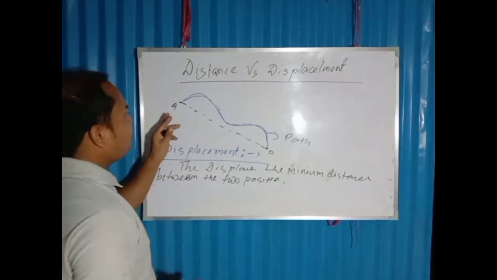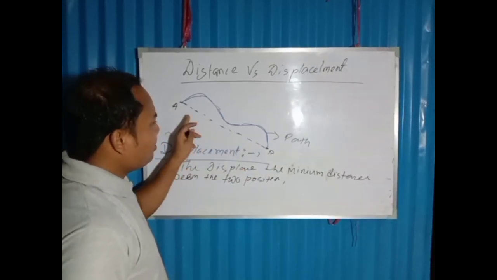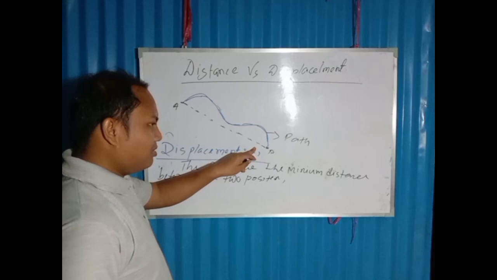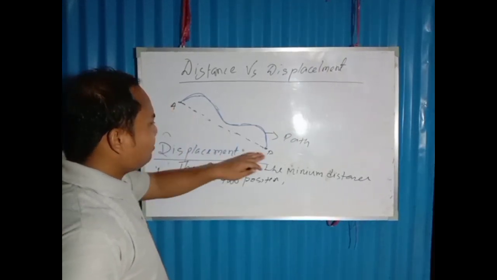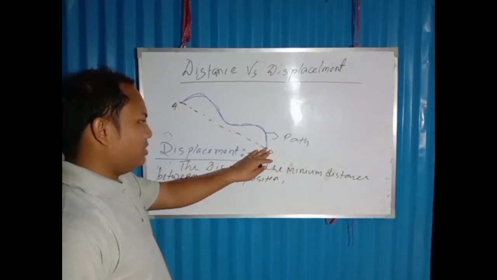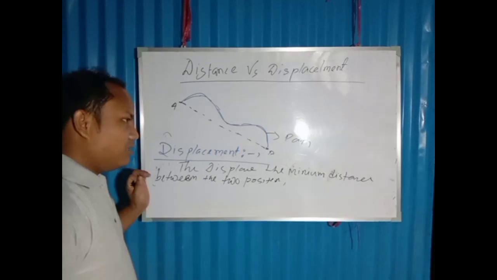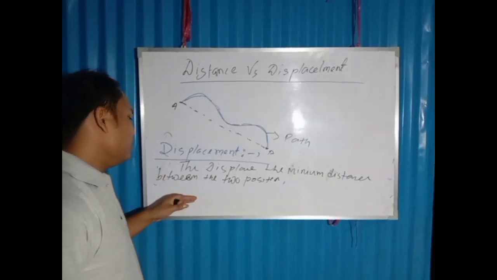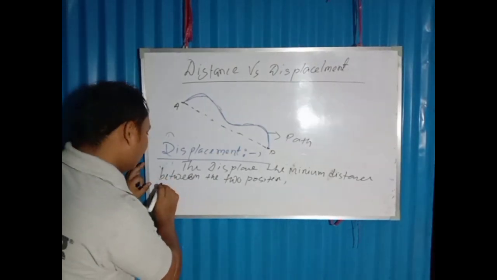Here you can see A point and B point. There is a minimum distance through which a body can travel from A to B point. This is called displacement. But in case of displacement, it has magnitude as well as direction.